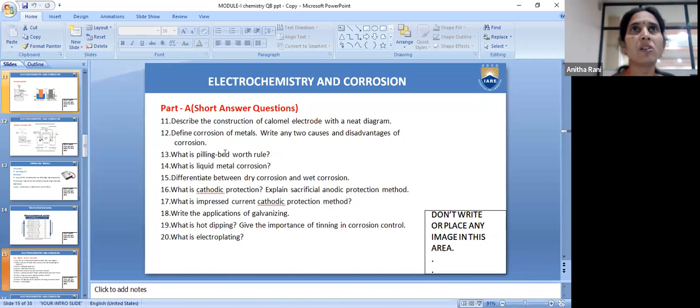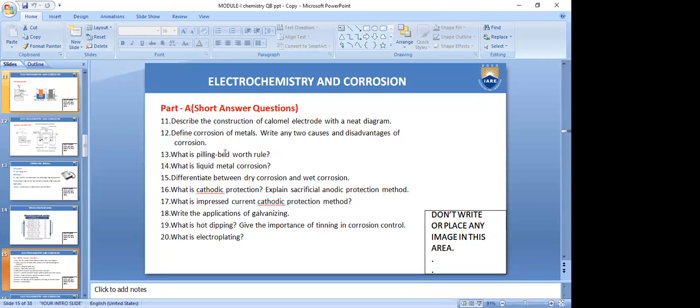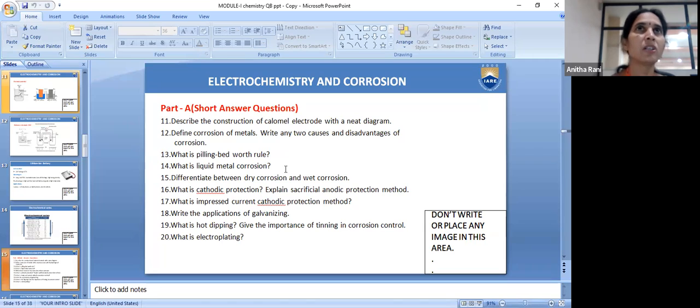If the volume of the metal oxide is lesser than the volume of the metal, it has a porous, non-protective layer, and that metal will undergo corrosion.